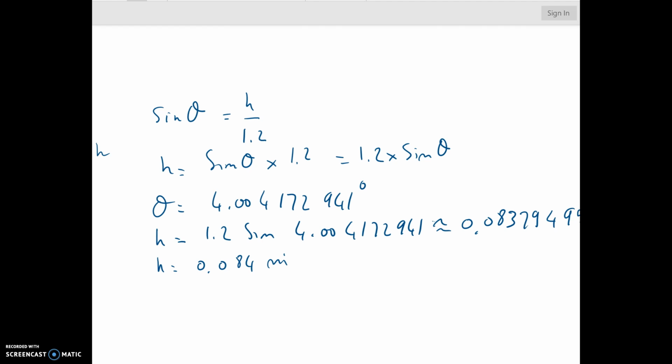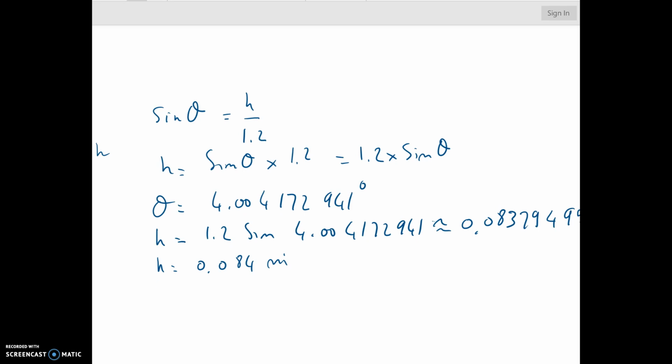If you are looking for a value in feet, well, you know that 1 mile equals 5,280 feet. If you multiply by 5,280 feet, you will be able to define the value in feet.